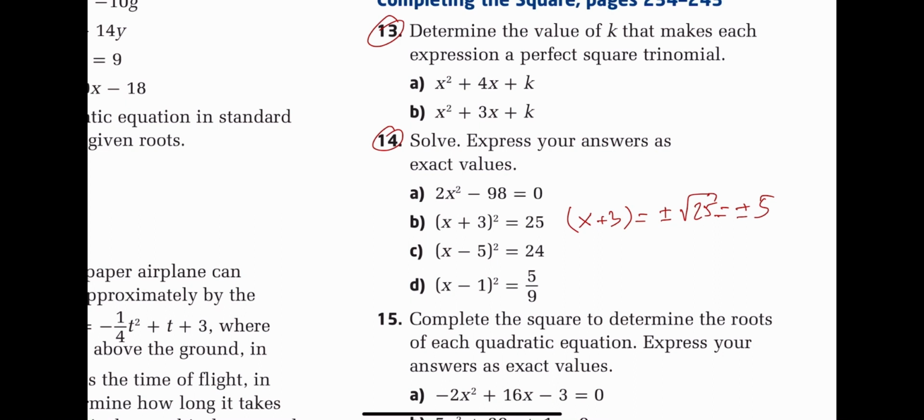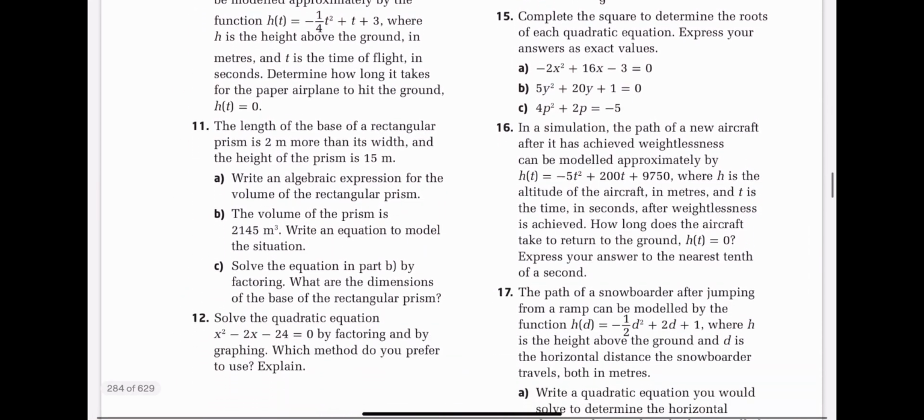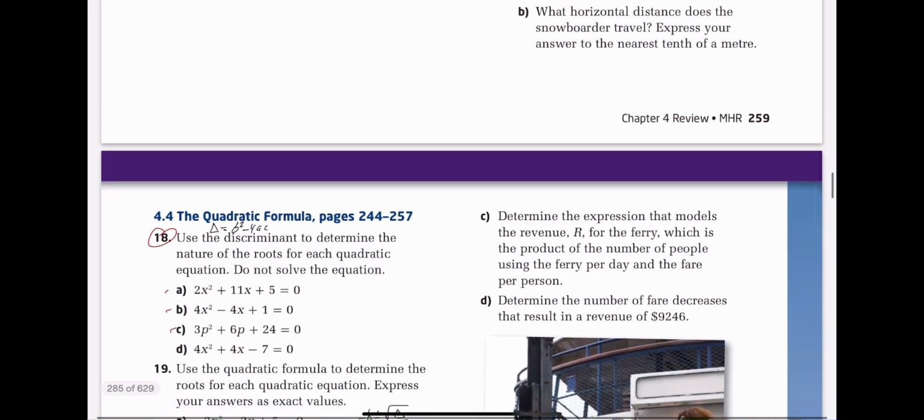This means that my x plus 3 can equal 5, or my x plus 3 is equal to minus 5. For the first one, if I remove 3 from both sides, x is equal to 2. And if I remove 3 from both sides for the second, x is equal to minus 8. So both answers are x is equal to 2 and x is equal to minus 8. Same thing for 15, and all these are exactly the same question.